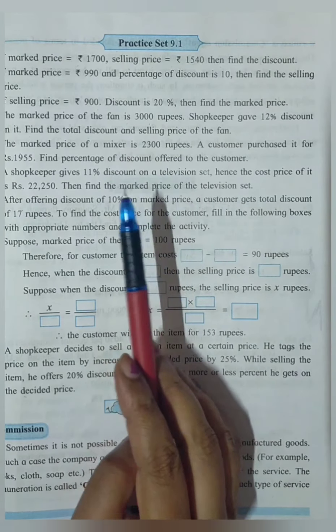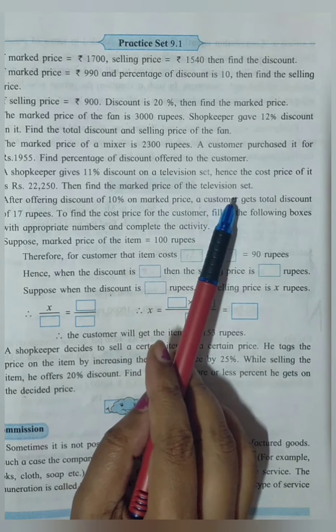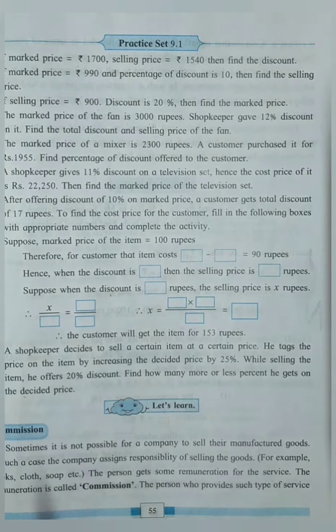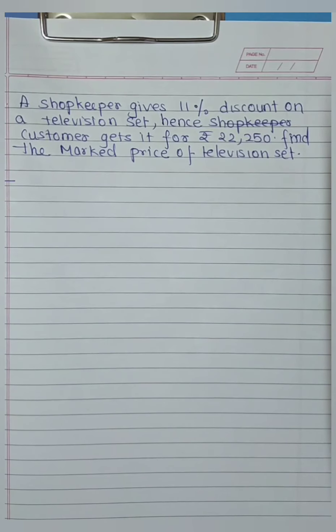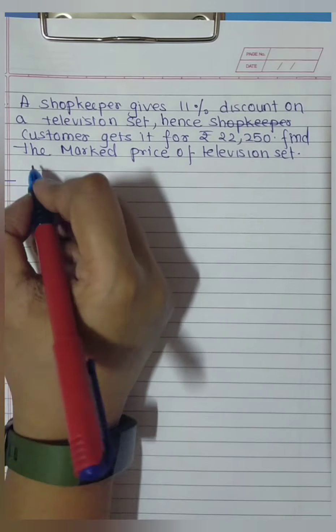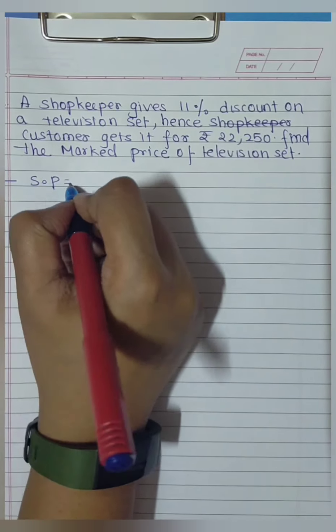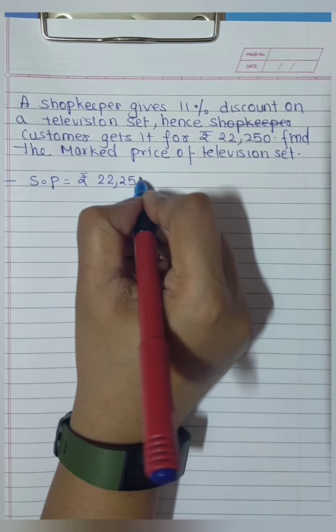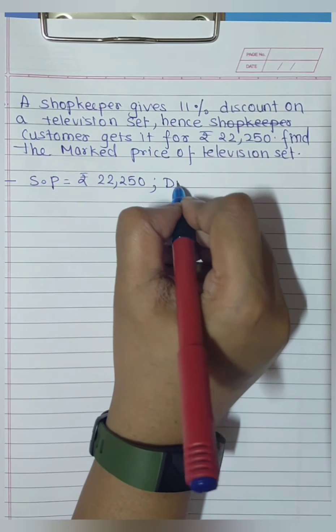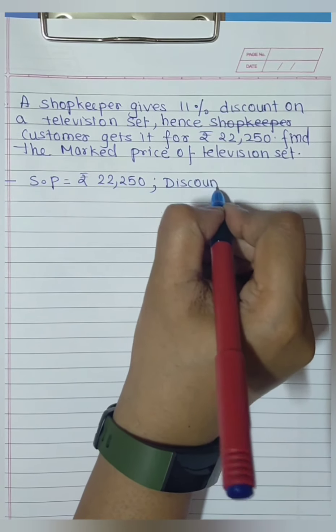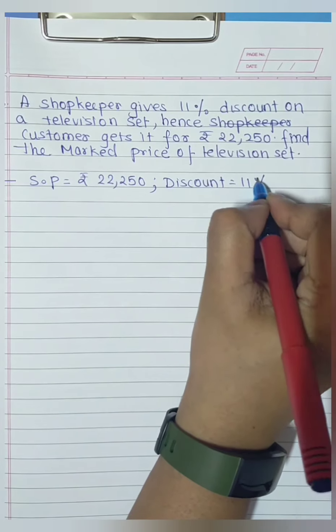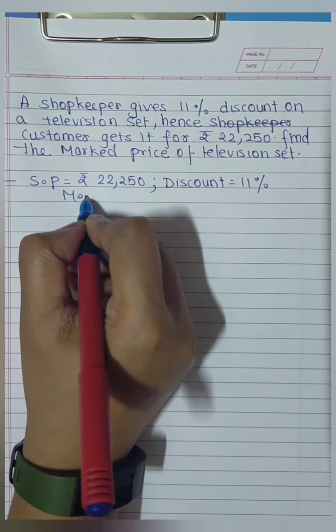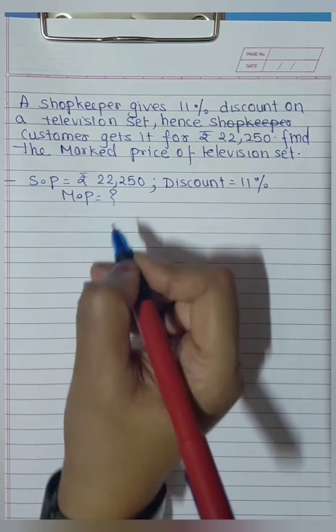So we have to find the market price of the television set. Now we'll start with the solution. So here selling price is given as rupees 22,250 and discount 11%. We have to find the MP, the mark price.